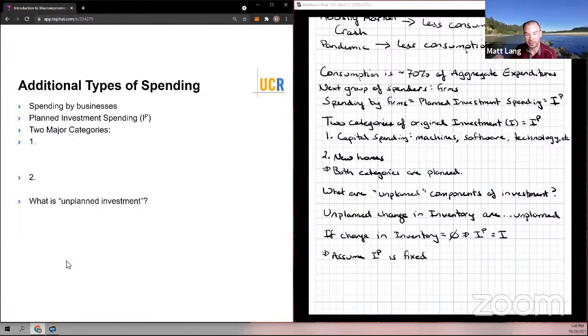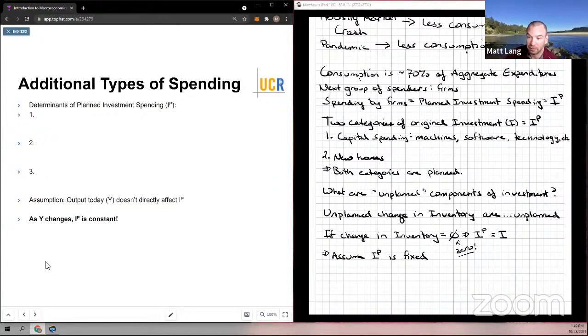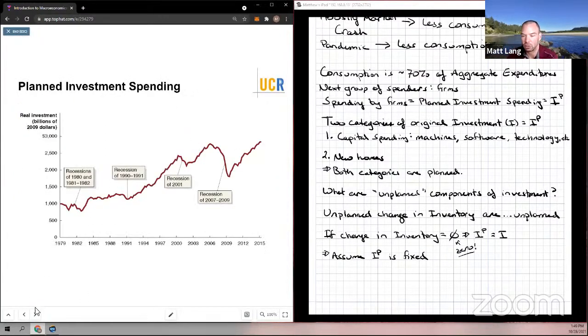Not necessarily a change in inventory, but planned investment spending. So this change in inventory is just definitely zero, like zero with an extra emphasis. So we're going to assume that that's fixed. We can have a certain level of planned investment spending, but it's not changing with Y.